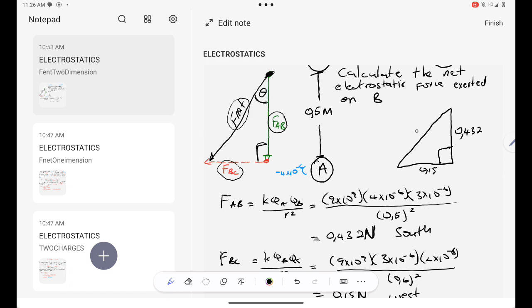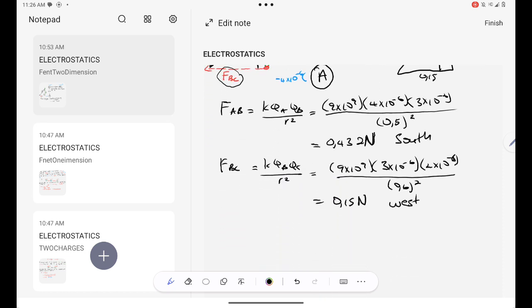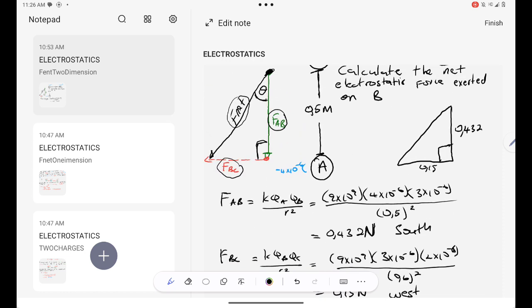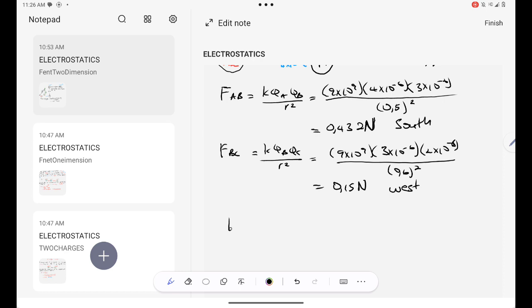For me to find the hypotenuse, I just need to use Pythagoras theorem. Are you together? So Pythagoras theorem simply says F net squared is equal to the force between A and B squared plus the force between B and C squared.